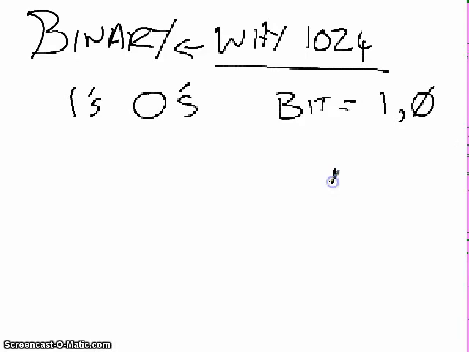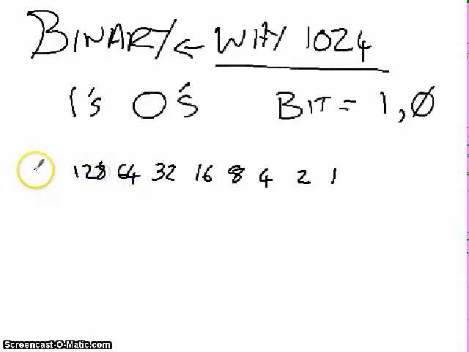So we have 1 bit, and then we double that, it goes to 2, then 4, then 8, then 16, then 32, then 64, then 128, then 256.